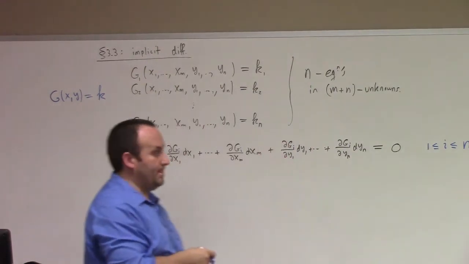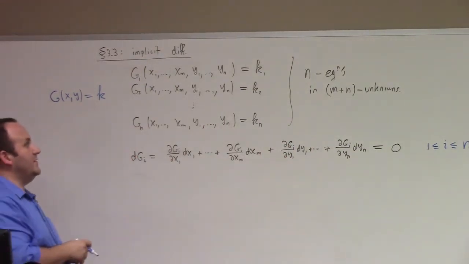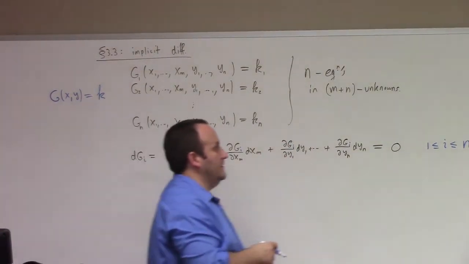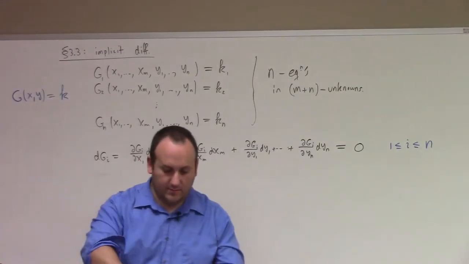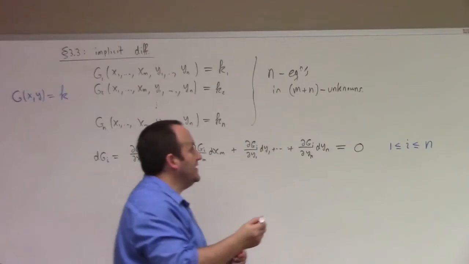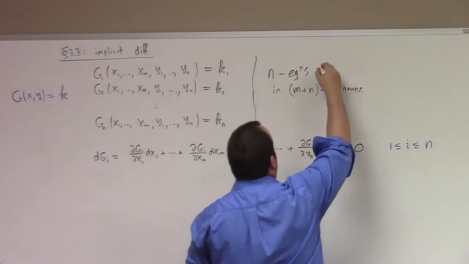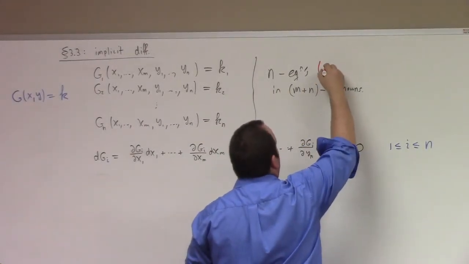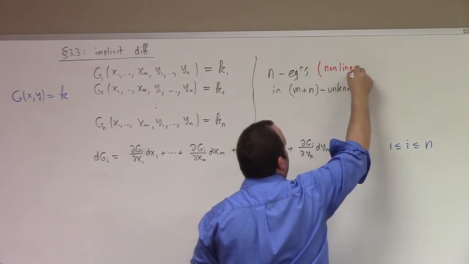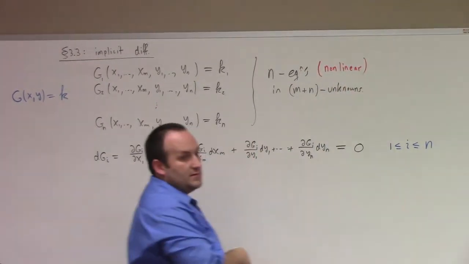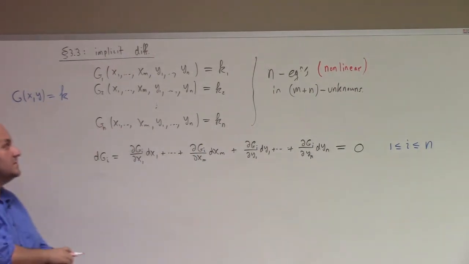So up here, I should really emphasize that our initial starting point, yes, we have n equations, and these are very likely nonlinear, right? These are nonlinear equations, right? And what are the unknowns?